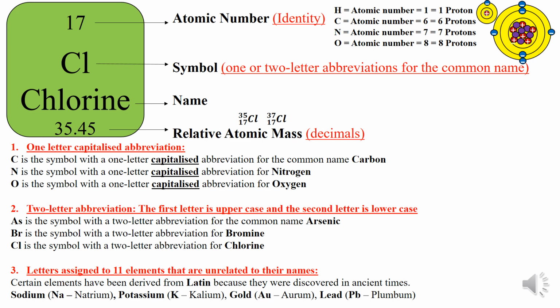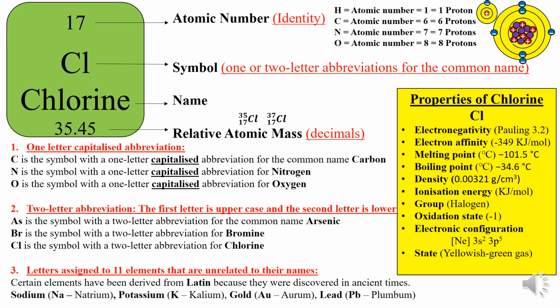Now, these are some of the basic information you will find in any given periodic table, but in some periodic tables you will come across an exhaustive list of properties. Like in case of chlorine, you may find its electronegativity. On Pauling scale, electronegativity of chlorine is 3.2.